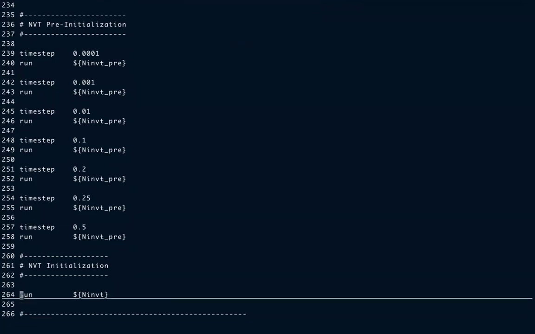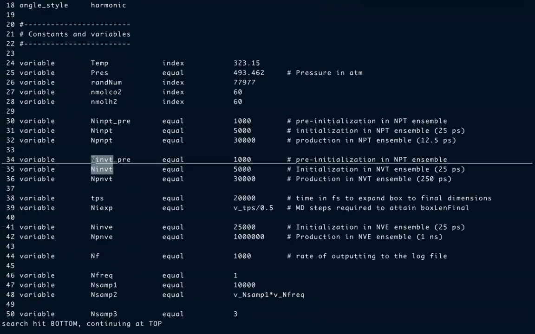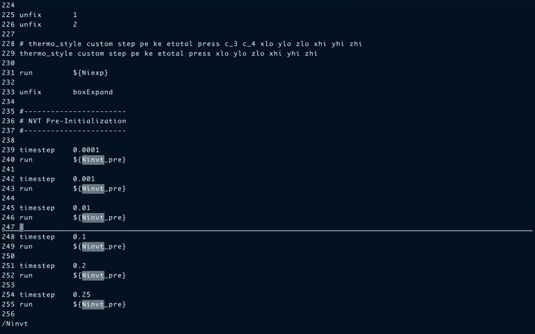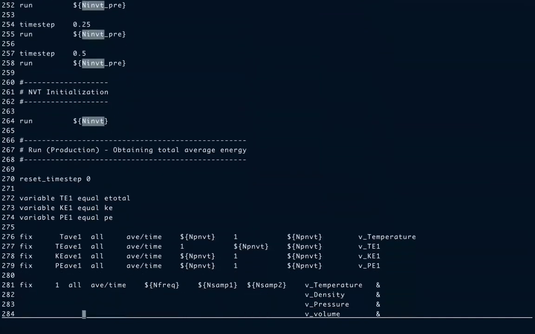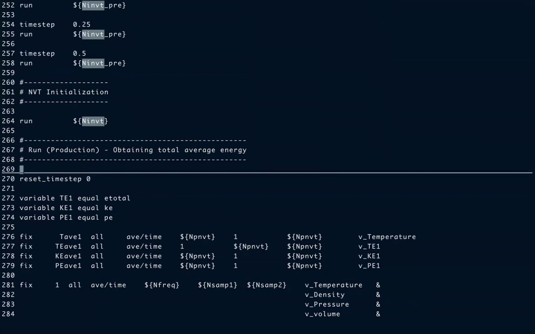Finally, we perform an NVT initialization where I have performed it with NI NVT steps. To look at the values of these variables, they have been defined here at line 34, 35, and 36. Once I finish initialization, I will now run the production step where I will run a longer simulation within the NVT ensemble.